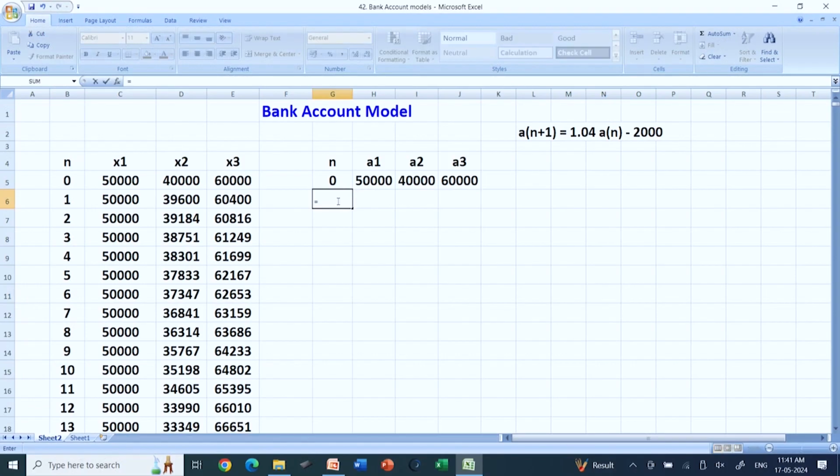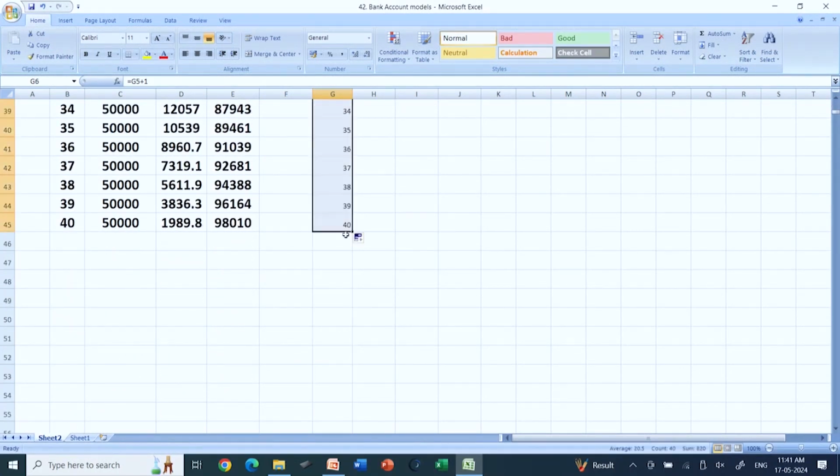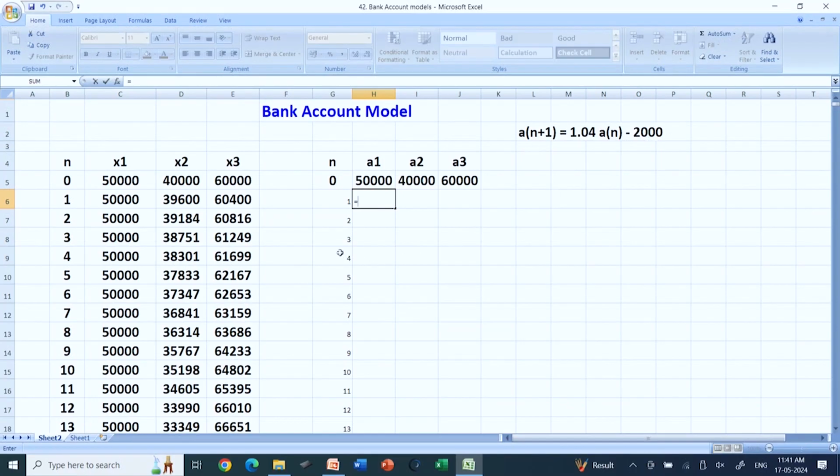So, this value is equal to this plus 1. I just give an increment of 1, and let us calculate up to 40 of them. This value is equal to, so I will use this equation. This is n equal to 0.